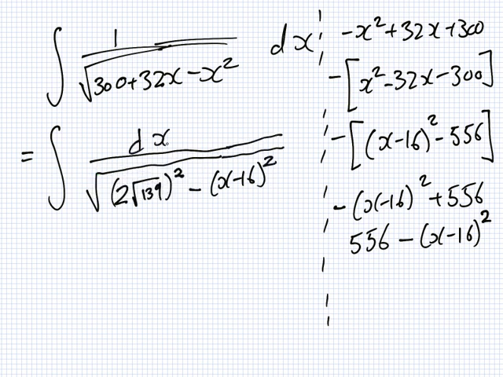This is where we use our trick. Let u equal x minus 16 over 2 root 139, or in other words, the square root of this over this.